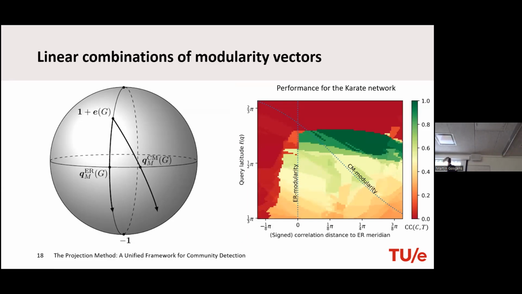And if you're at the Erdos-Renyi modularity, then you're on this line. But if you go slightly outside this line and take a linear combination, then you get something which actually perfectly detects this partition into two clubs. Of course this is very anecdotal evidence on a very small network, but it shows at least that going outside this space of modularity vectors makes sense.